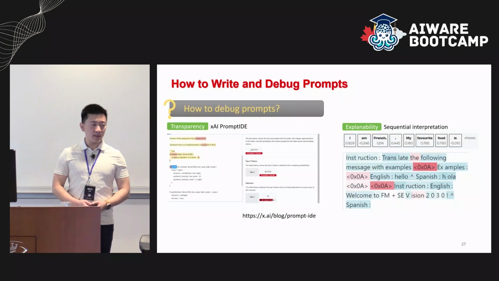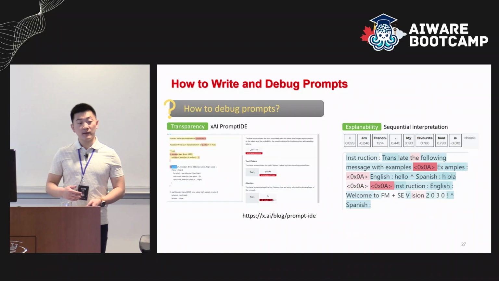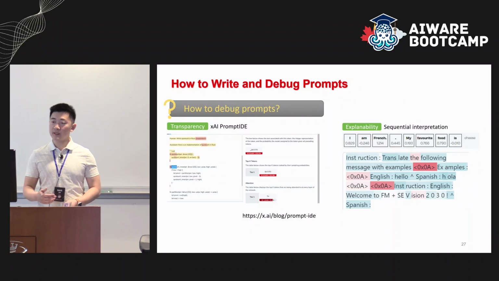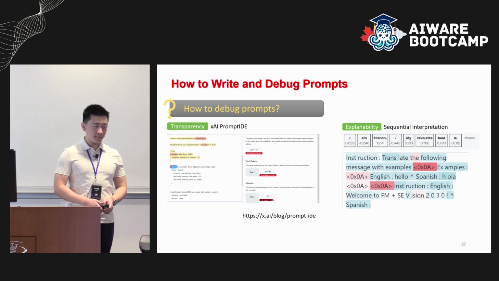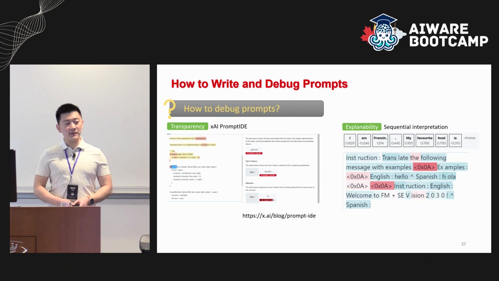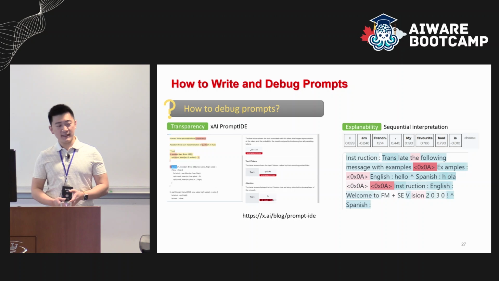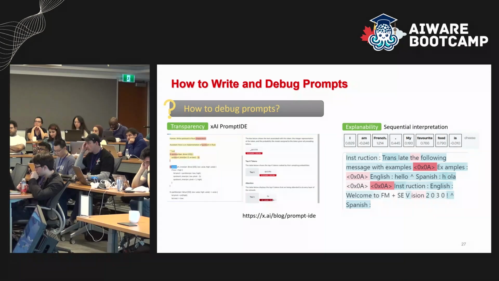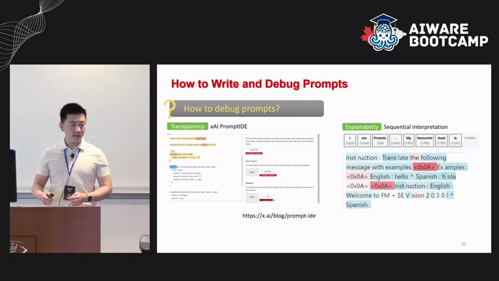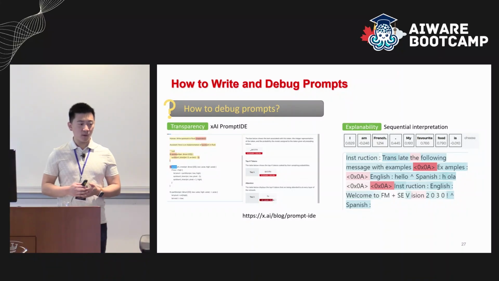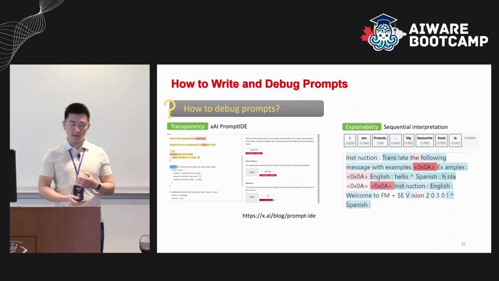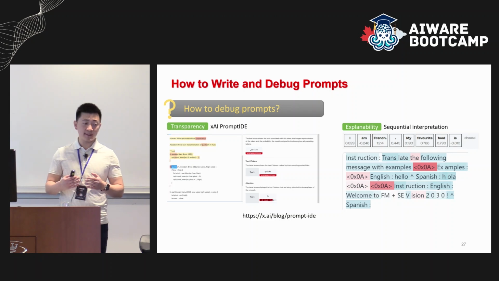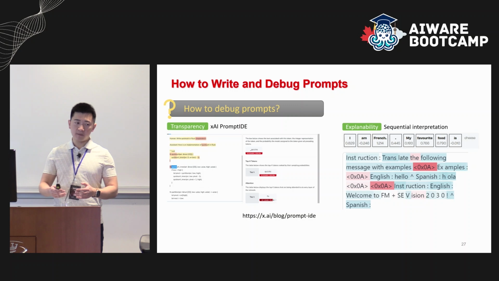So what people have been doing is trying to deal with debugging through transparency and explainability of the system. If we look at xAI's effort, they've developed a tool called xAI Prompt IDE that tries to provide you with all the inference details inside the model, including its decoding and sampling parameters and stats, like what's the sampling logic of the token, etc., to try to give you a general understanding of what's happening inside the model.